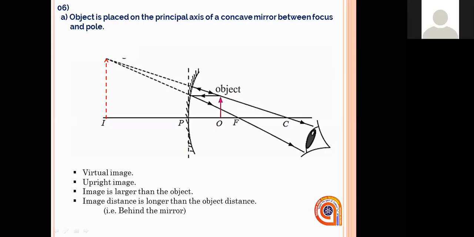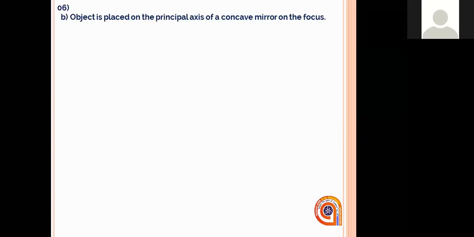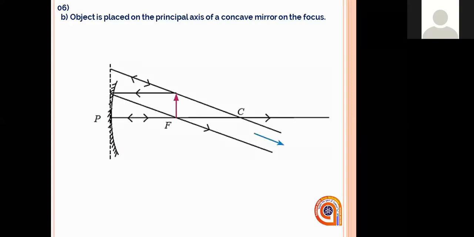Next question, part B. Object is placed on the principal axis of a concave mirror on the focus. You see now, this is the ray diagram we are giving. Object is placed on the focal point. Same way we are going to take two rays. One ray parallel to the principal axis from the top of the object is reflected along the focus.